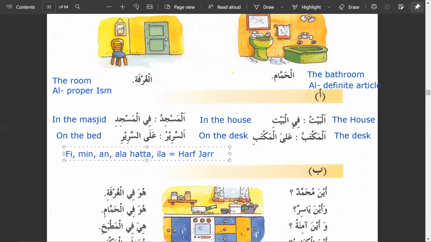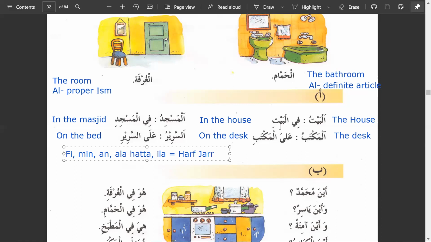So when harf jar combines with an ism, this combination is jar majroor. This is harf jar and this is ism.